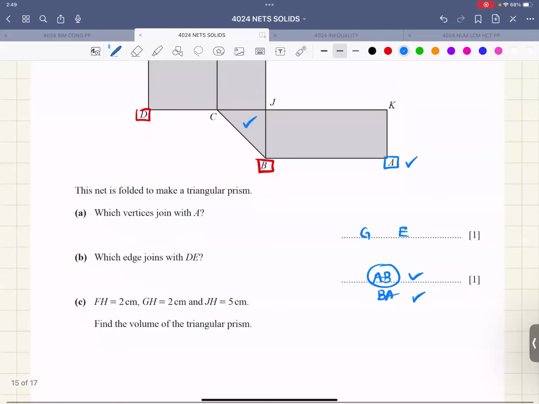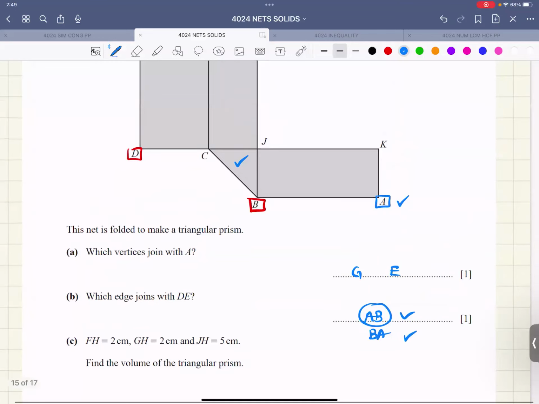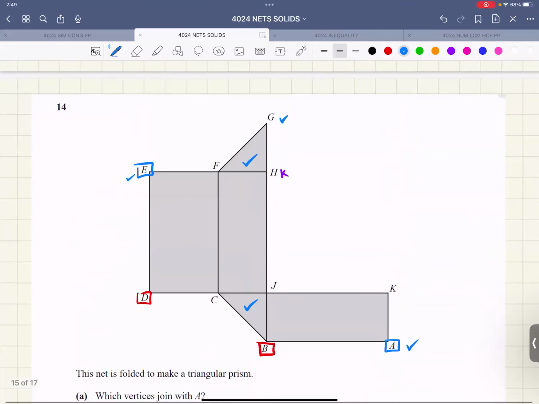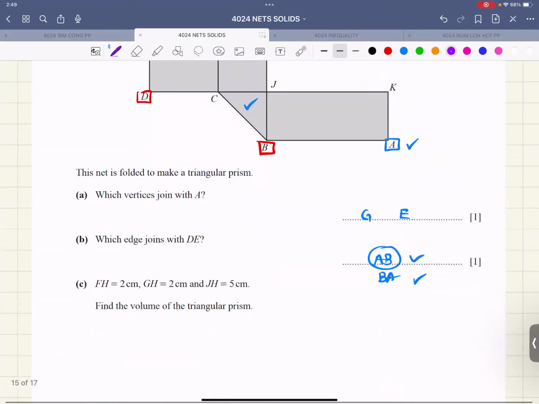Find the volume of the triangular prism. That is easy. FH is 2, GH is 2. So therefore, this is G, this is F, this is H. The area of this triangle is half into 2 into 2, which comes out to be 1 square unit. And what else is there?